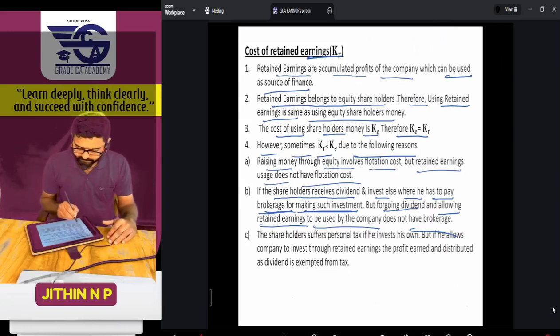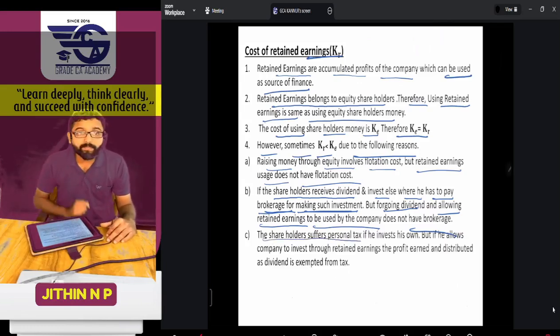The shareholder suffers personal tax when he invests on his own.